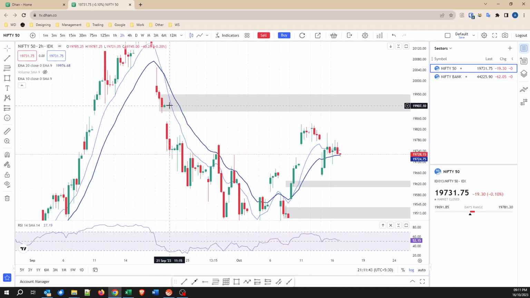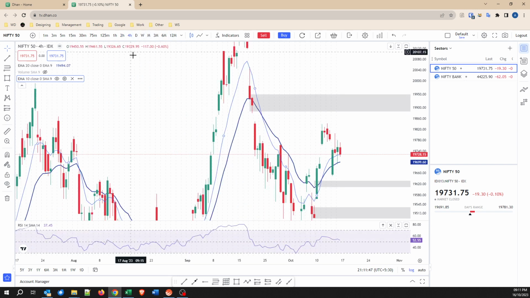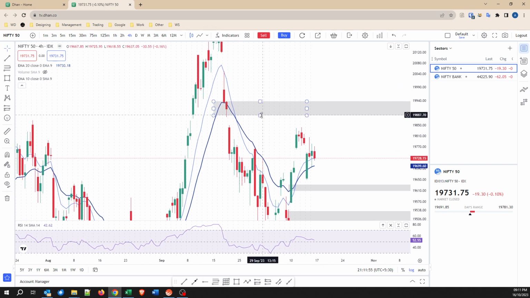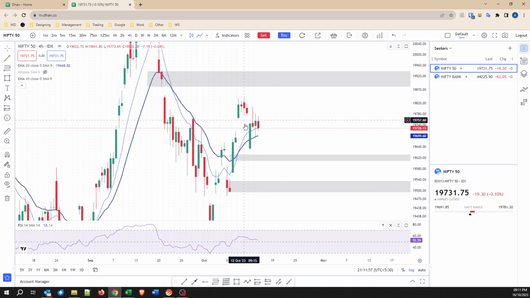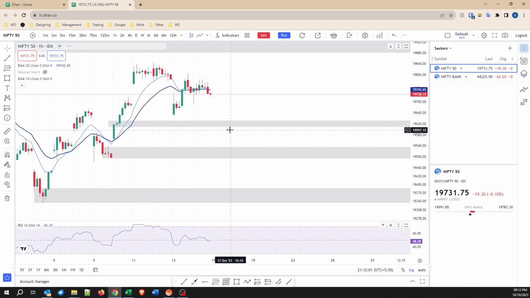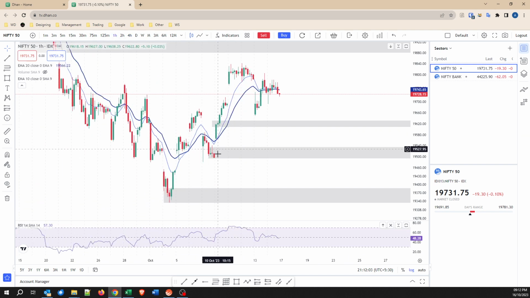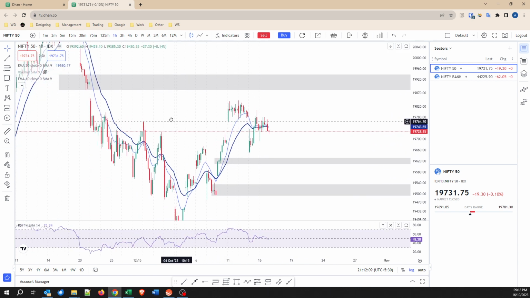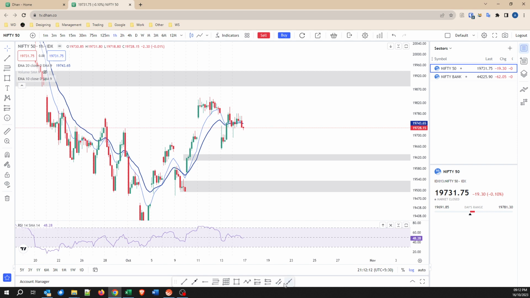Actually, let's trade it like this. So this is the zone up above. On the lower time frames, we have these supply zones here on the 1 hour time frame, here and here.